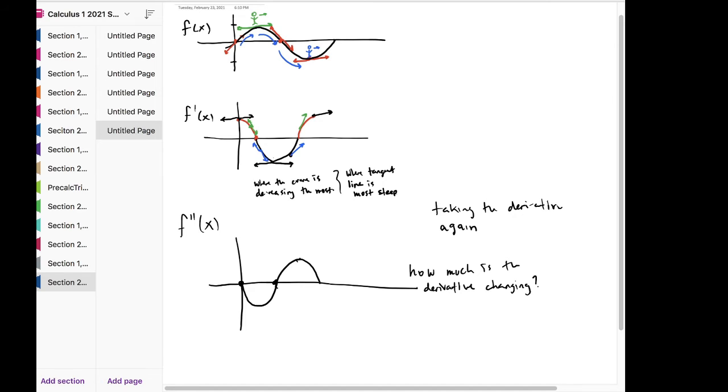So let me ask you a question. Remember when we started talking about the derivative, well, even before that, we started talking about limits. If your original function was like position, what was the derivative kind of telling you about?